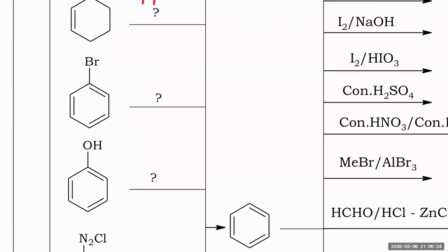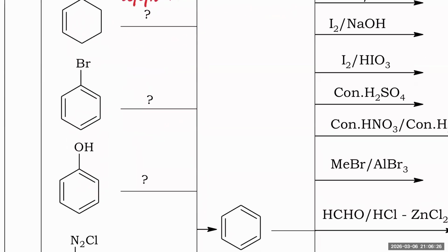Next, if I want to convert bromobenzene into benzene, first I need to use Mg, to form the Grignard reagent RMgX.